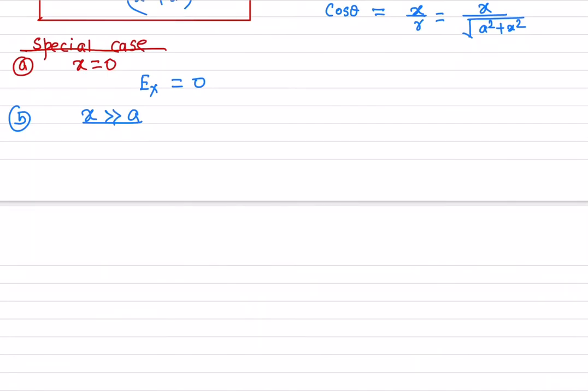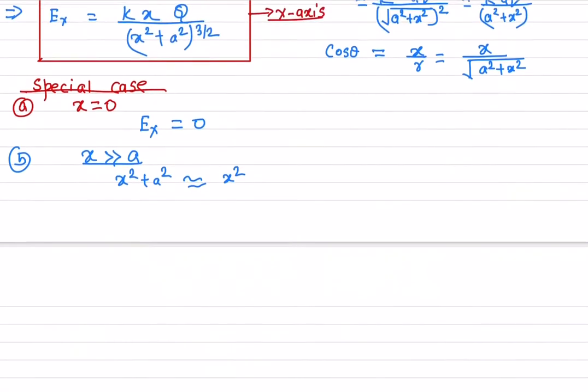Mathematically, how can we write down this equation? If x is much greater than a, then x squared plus a squared can be approximated simply as x squared. The a will be negligible. If you have 1 million and you add just 1, you still get 1 million. You can ignore the 1. That's how small a will be.